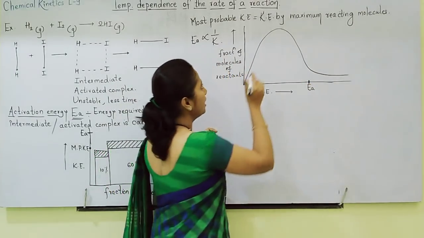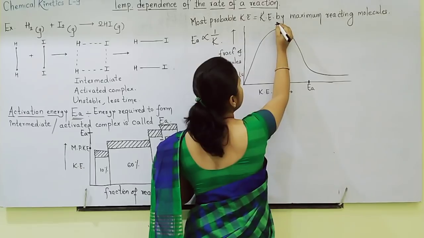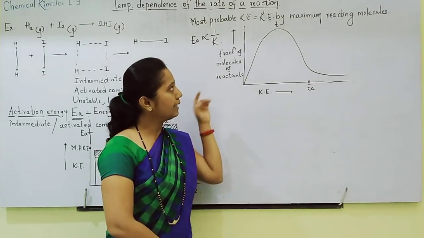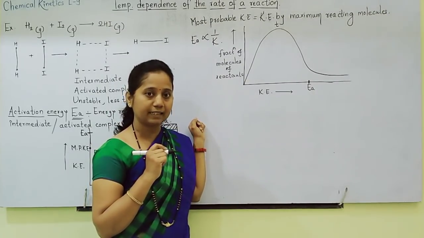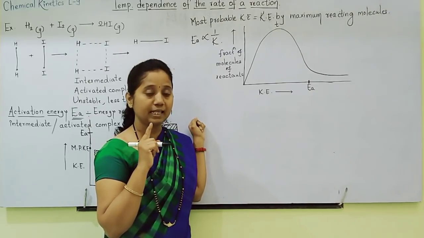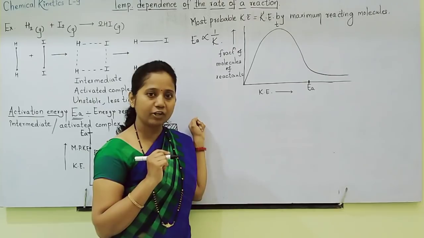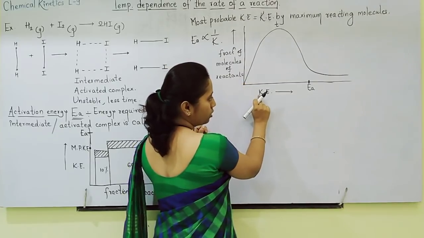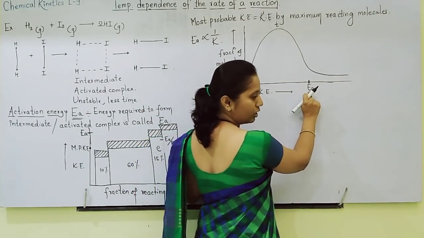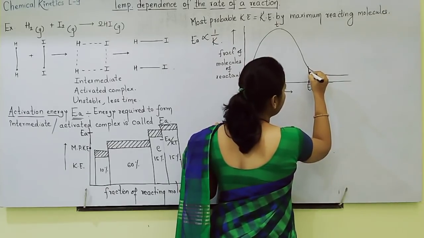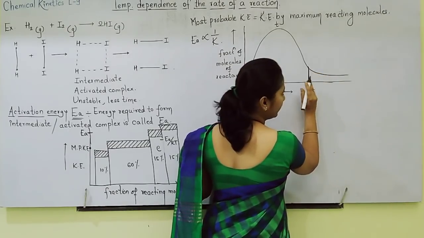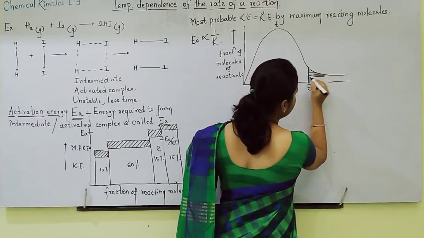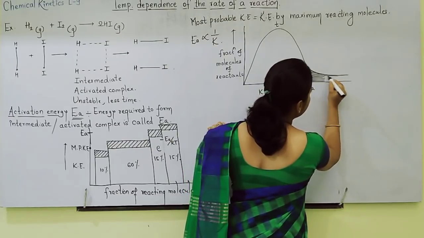This curve is plotted at a temperature T. At this temperature, how many reacting molecules are there whose kinetic energy is equal to or greater than activation energy? Let us mark that area. Activation energy is here. After this, whatever area is there, I am highlighting that area.